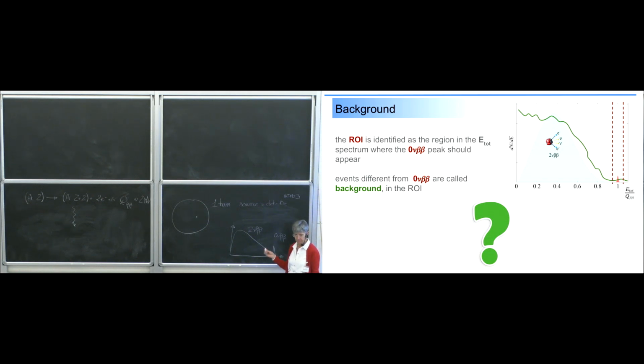And then, what is the other problem? The other problem is that I have a lot of other processes that can mimic a neutrinoless double beta decay, because the signature is very nice because it's a monochromatic peak, but it's just an energy.